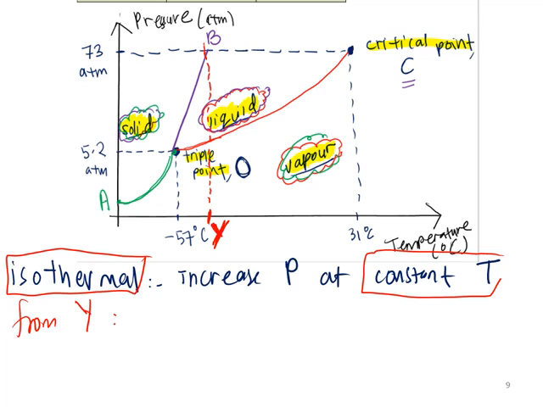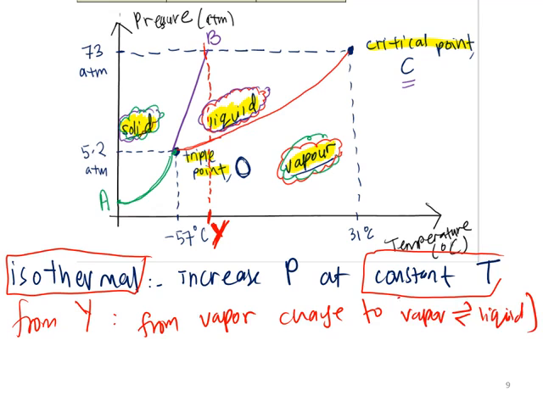Dia akan ubah daripada vapor, change to vapor and liquid in equilibrium. Okey, gunakan simbol macam ni. And then change to liquid.